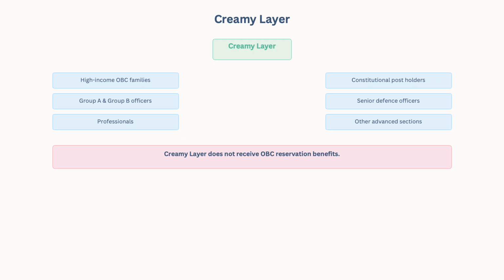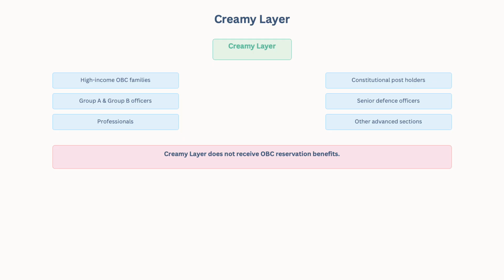The government felt that ever since the reservation for OBC was implemented in 1992, there were lots of rich OBC families who took advantage of the reservation, which is why they decided to introduce the creamy layer.